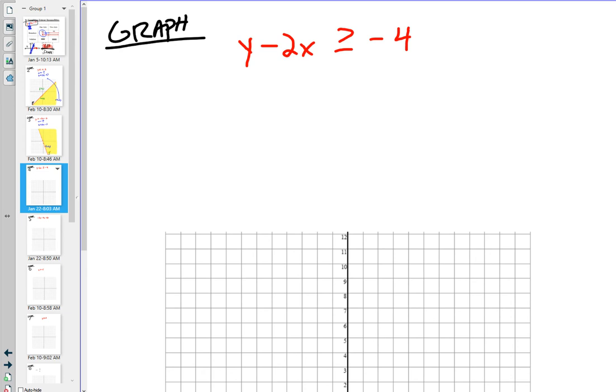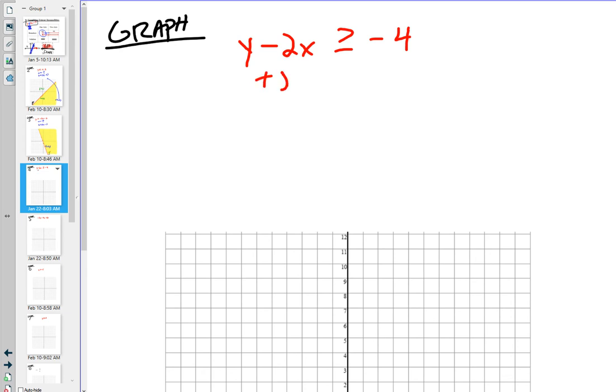What's different here? That's the main one. That's what I'm saying. The Y is not isolated. For inequalities, we said we only wanted to work with slope-intercept form. So let's put this in slope-intercept form.